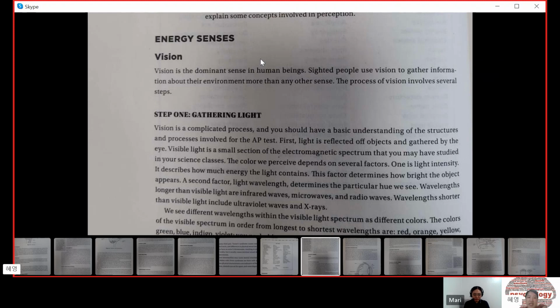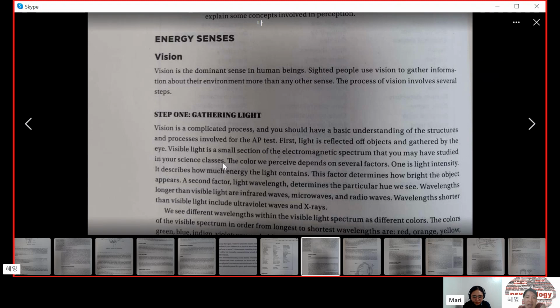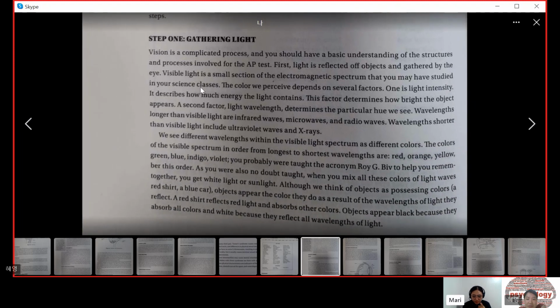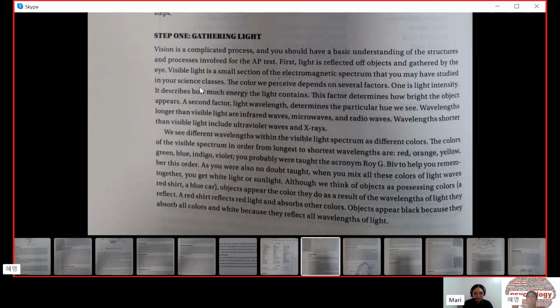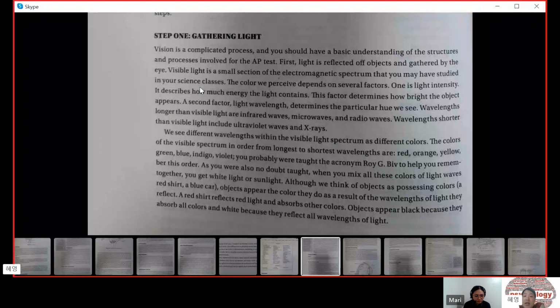Step 1 is gathering light. Vision is a complicated process and you should have a basic understanding of the structure and processes involved for the AP test. First, light is reflected off an object and gathered by the eye.